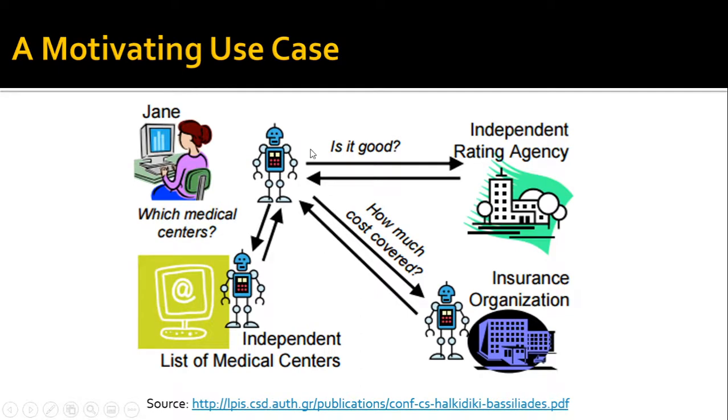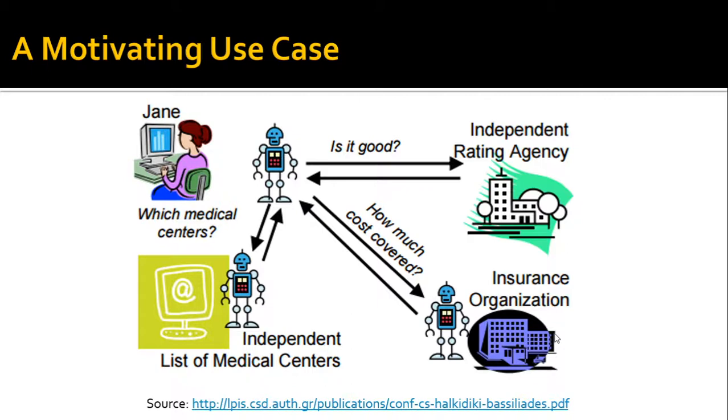Now, Jane's agent then goes for another search, right? In this scenario, Jane's agent is not only looking at the medical centers that are completely covered under the insurance, but also at medical centers that are independent of this insurance.